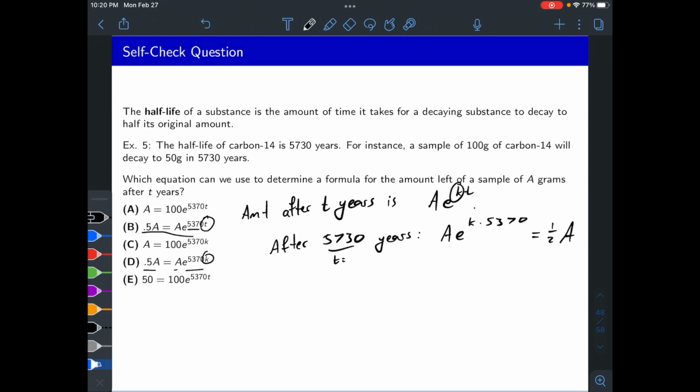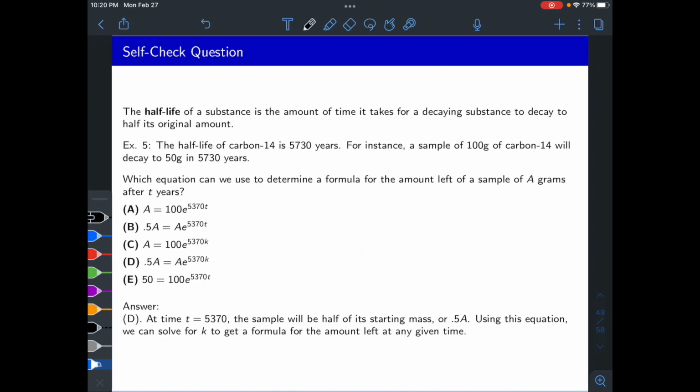Our A is whatever our initial amount is, and this K is our decay rate. So the answer would be D.